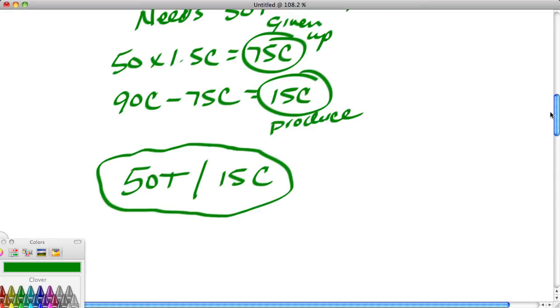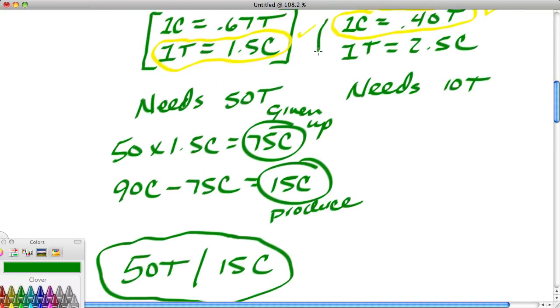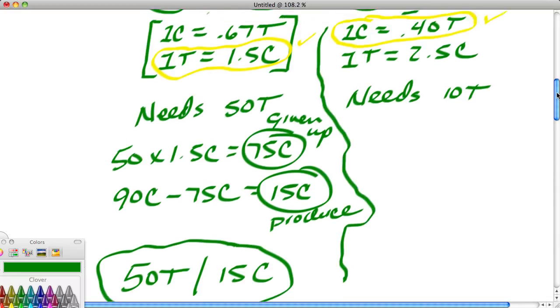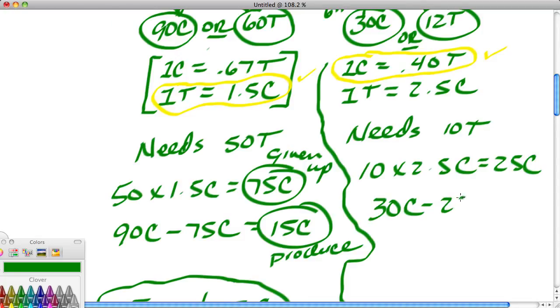Now, let's do the same analysis for Fivethumbs. Let me create a break here so we can keep the numbers separate. Fivethumbs needs 10 tomatoes. Every tomato is going to cost him in his own garden 2.5 corn. We see that up here: 1 tomato equals 2.5 corn. So 10 times 2.5 corn is 25 corn. Fivethumbs has capacity to produce 30 corn, but gives up 25 corn in the process of producing tomatoes, ending up with 5 corn.